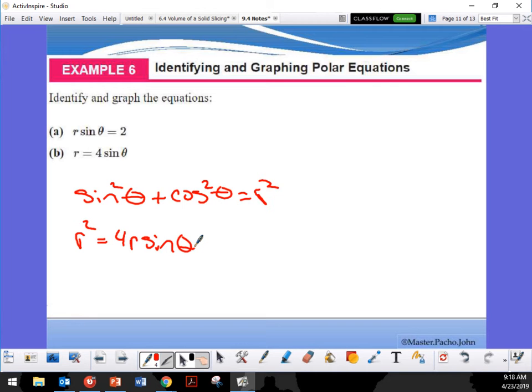Did you plug it in? You see what we get? Is it going to look like this, where it's sine squared?